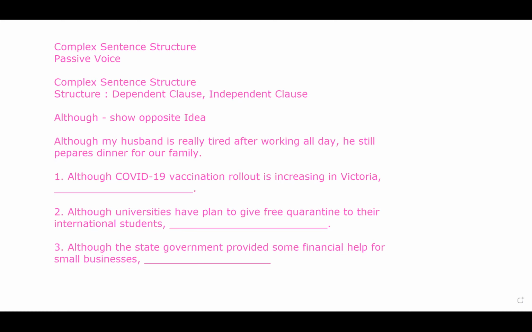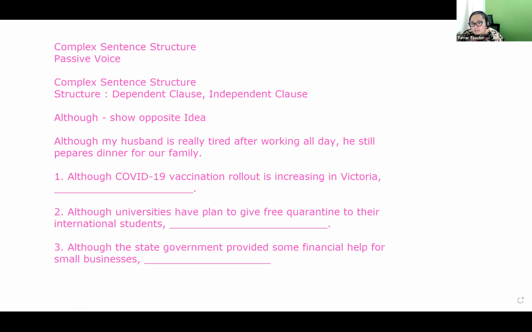Still some people refused. Refused, Rashmika, they refuse. Refused to take vaccine. A lot of people are still not willing to get vaccinated.